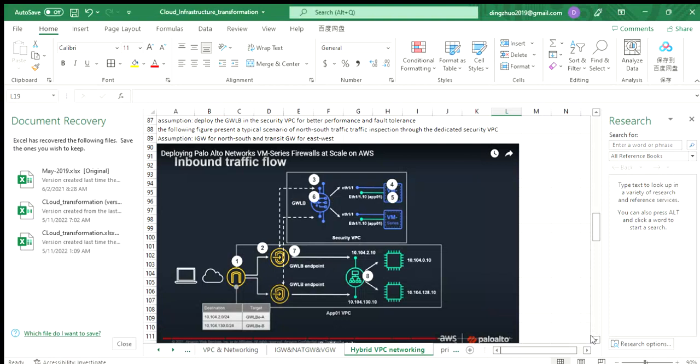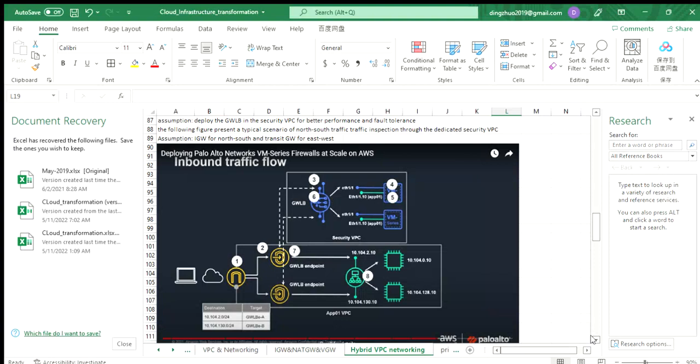The gateway load balancer endpoint can be attached to multiple availability zones for redundancy and fault tolerance, and then the gateway endpoint is going to forward the traffic to the gateway load balancers.